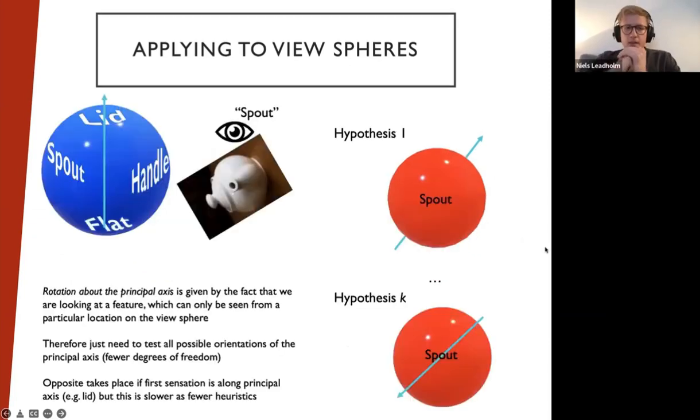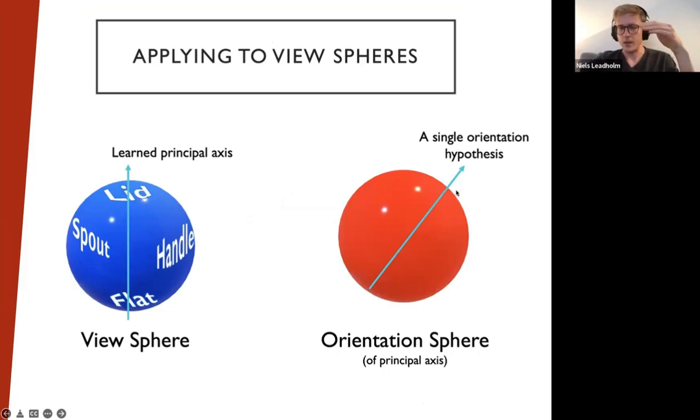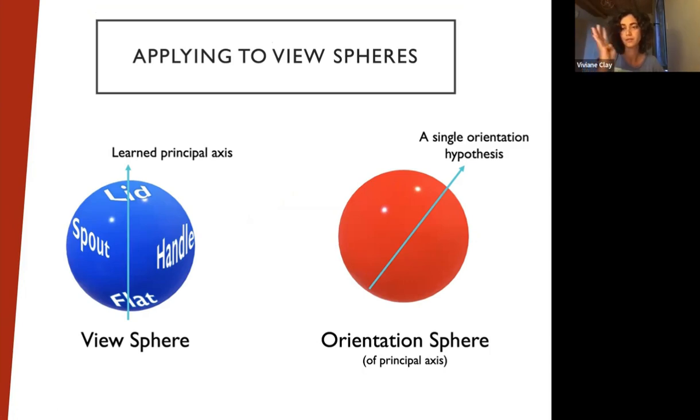And so what this means then is, for example, if you were to see a feature, you would have multiple hypotheses that you're running in parallel about this orientation. So this is what I mean, that it's search-based. So you're just testing along one axis, so you don't represent rotation around it? Yeah, exactly.